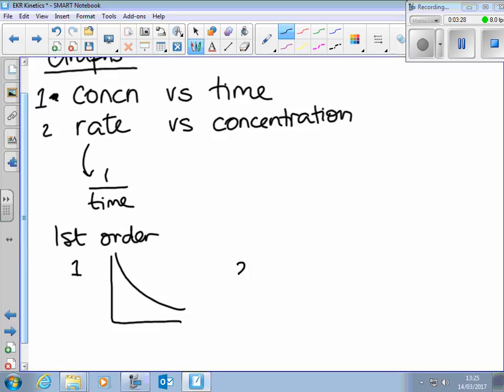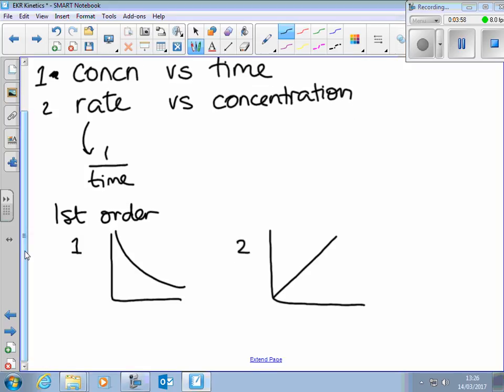But graph 2, what is rather lovely about that is it produces a straight line. Or as near as, I mean, it's very, very hard to produce perfect straight lines, particularly from experimental results. But plotting the rate in terms of 1 over time on the vertical axis and concentration on the horizontal, you get a straight line if it's a first order reaction.